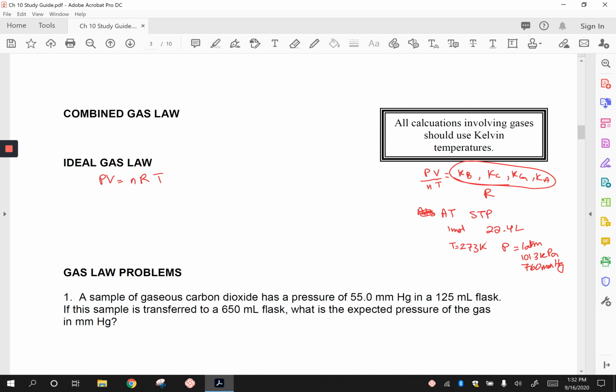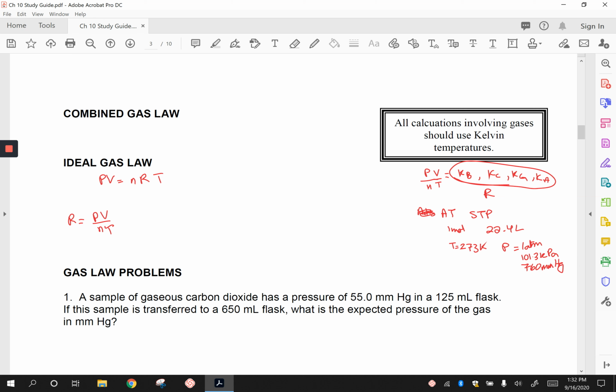So I could solve for R: R is equal to PV over NT, and plug these values in. Let's say I want R in kPa times liters per mole Kelvin. I would plug in 101.3 kPa, the volume of 22.4 liters, N is 1 mole, and the temperature is 273 Kelvin, and I can find out what R is.